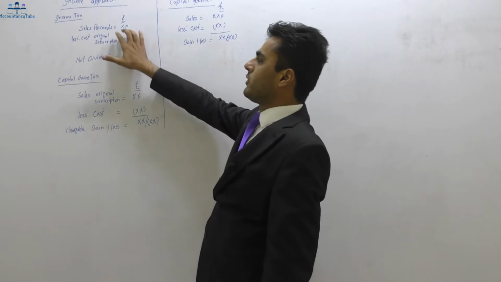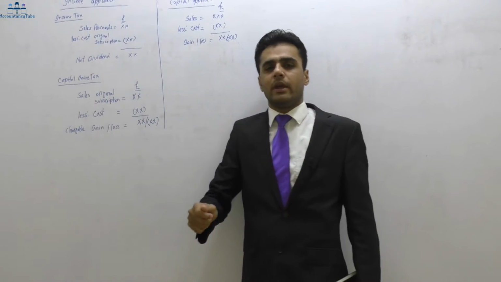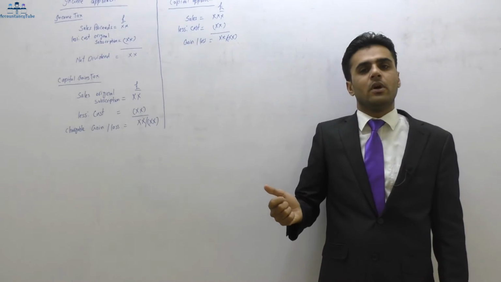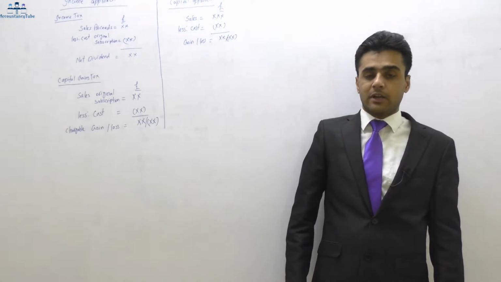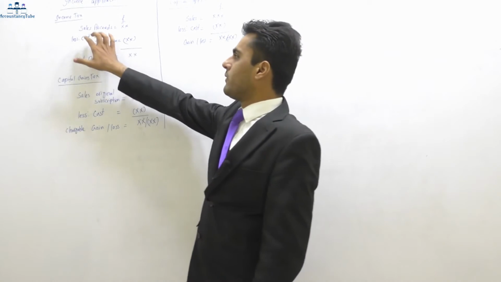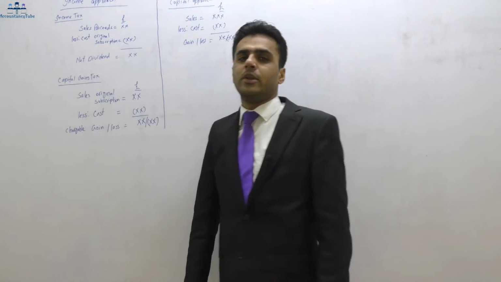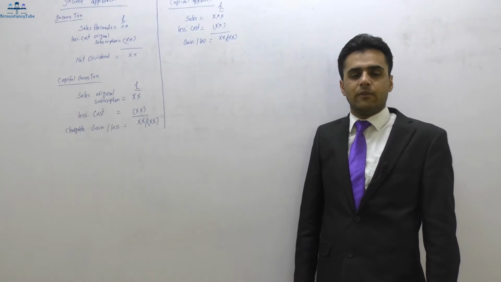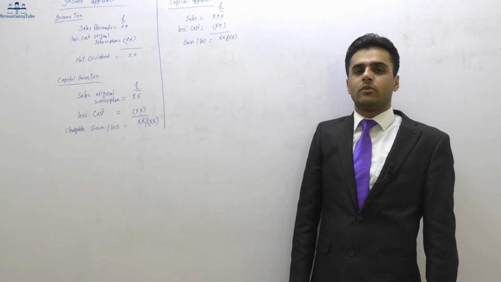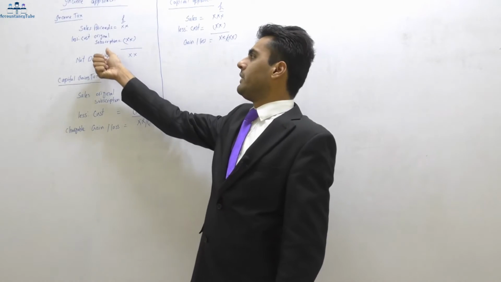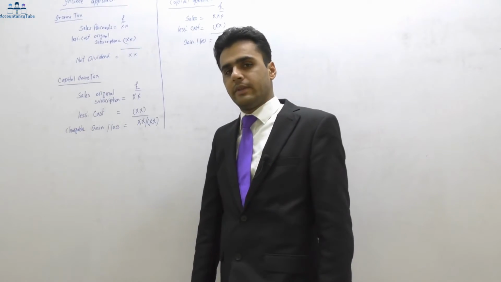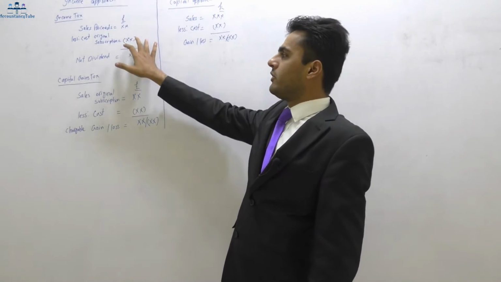We'll take the sales proceeds. Sales proceeds would be what the individual is selling the shares for, which would most likely be the market price. So take the market price of the shares, less cost. Cost would be the original subscription price, whatever the individual had originally paid for those shares when he bought them. So we'll deduct the original cost out of that. Take market price less original cost.